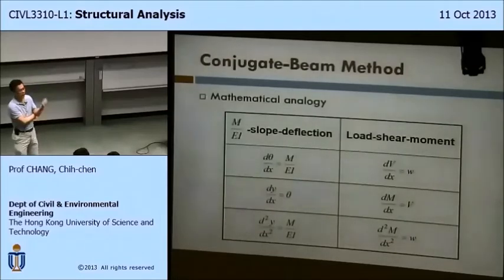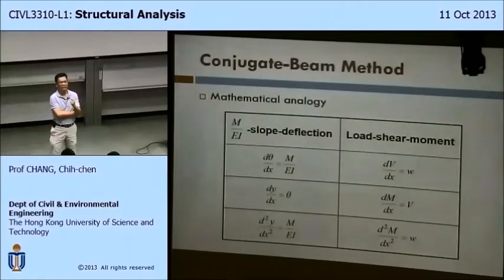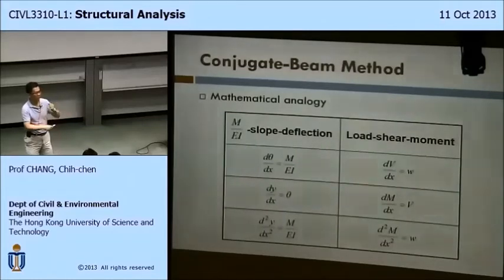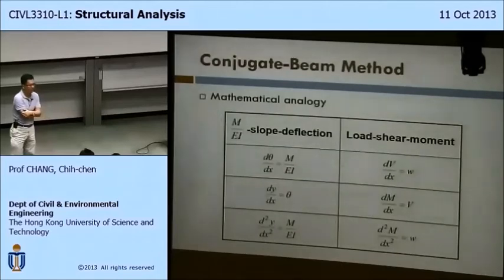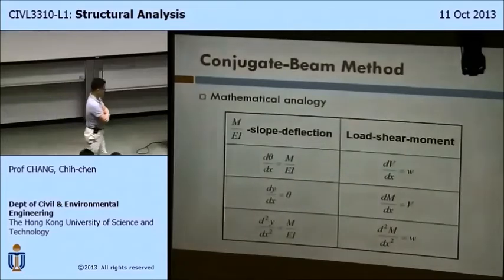So you can see that the moment area method is not a very direct approach. It requires some sort of understanding and interpolations. So next is the conjugate beam approach, which is more robust as compared to the moment area approach.